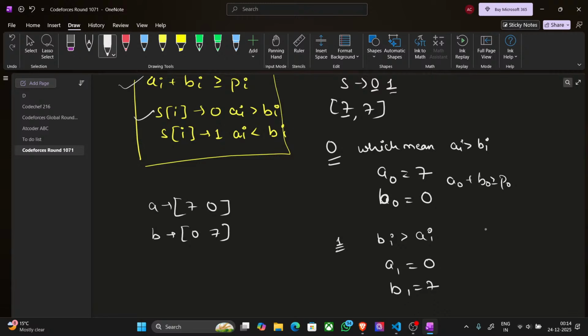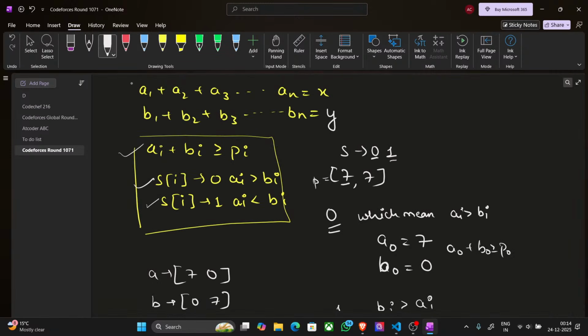As you can see, this also satisfies the inequality that a1 plus b1 is greater than or equal to p1. Okay, so these two inequalities are satisfied.